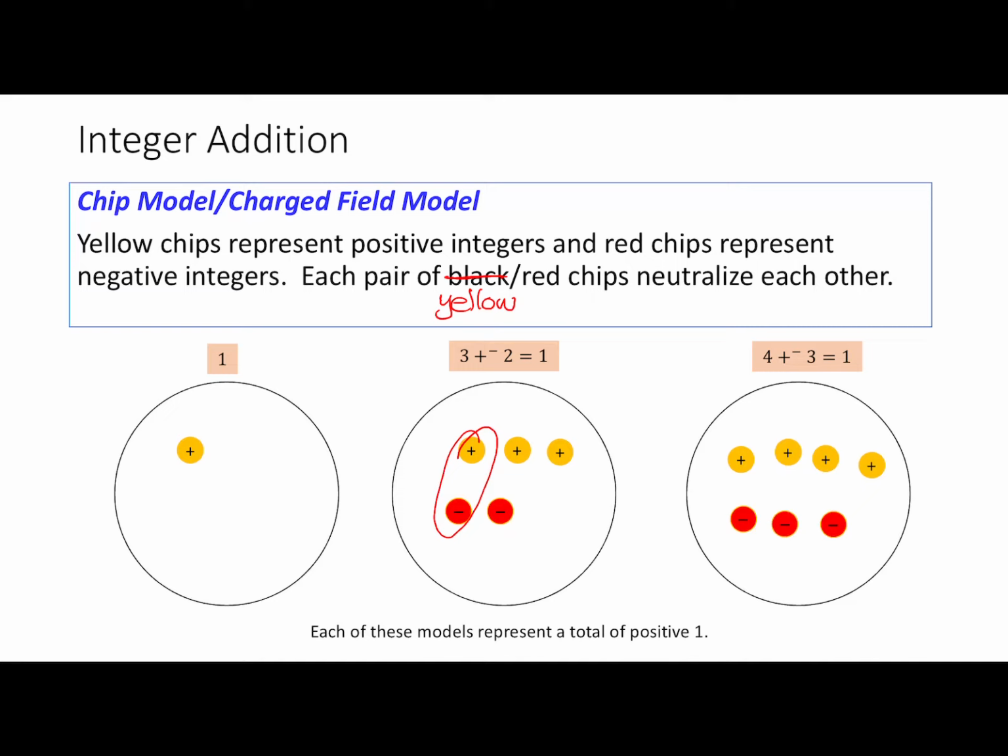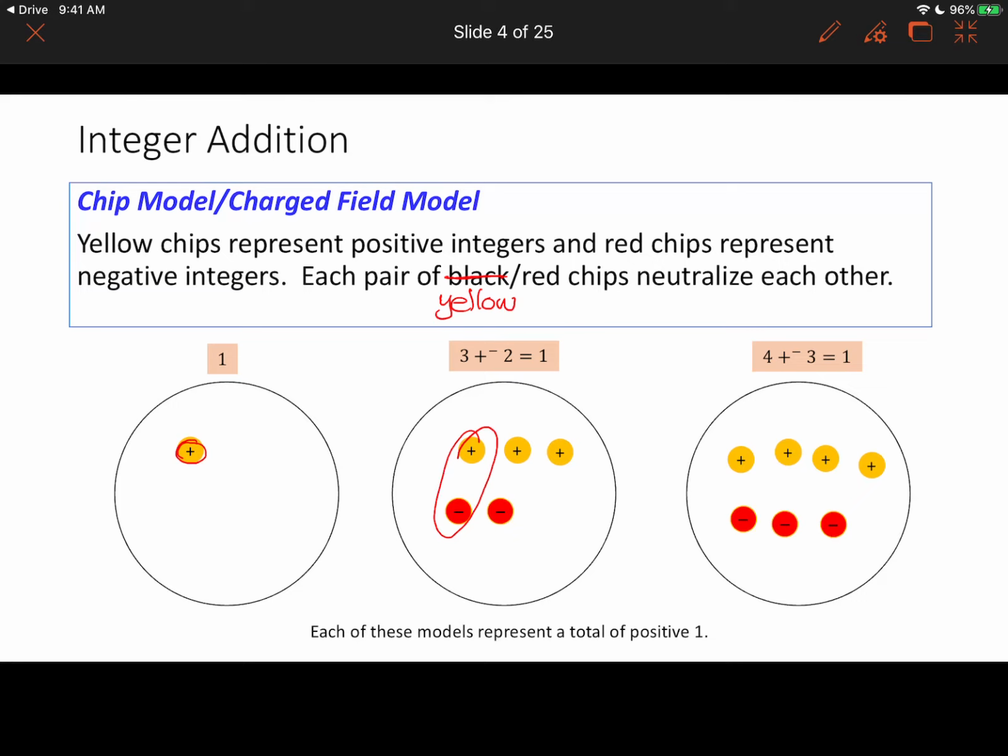Okay, so if I wanted to represent a total of positive 1, I could just put one yellow chip, or 1 plus, if I'm thinking about the charged field model, in my circle. That represents positive 1. This middle circle also represents positive 1. In this middle circle, I've got 2 negative chips or red chips and 3 positive yellow chips.